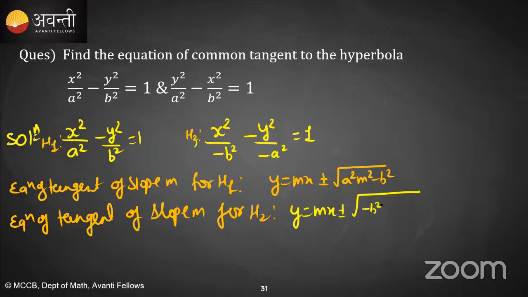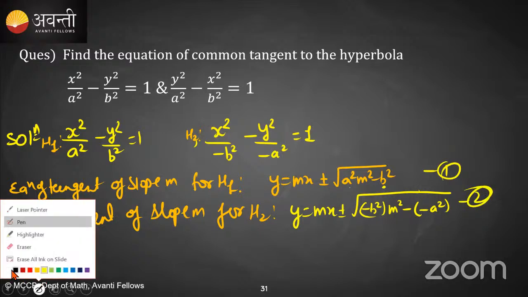So minus b square m square minus what is written below y square, minus a square. So minus a square. Clear? This a square, I said, is the term which is written below the x square, and b square is the term which is written below the y square. Same thing, right? This is equation 1 and this is equation 2.